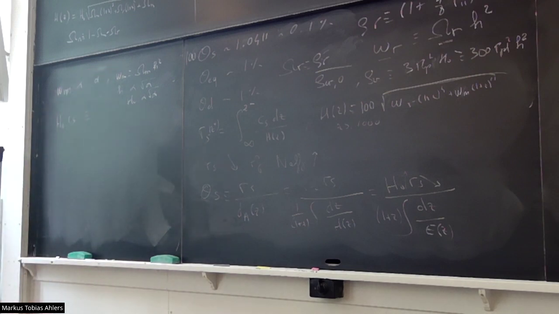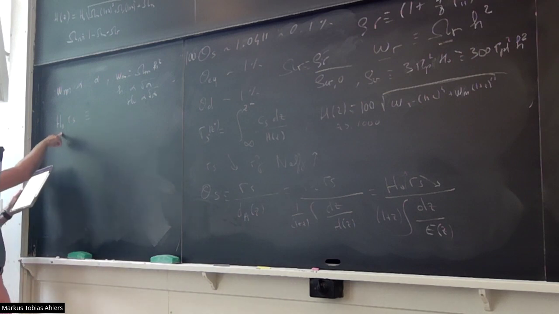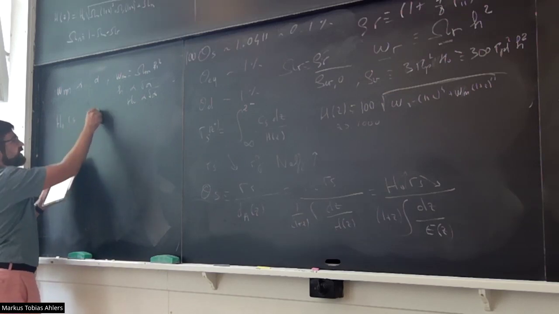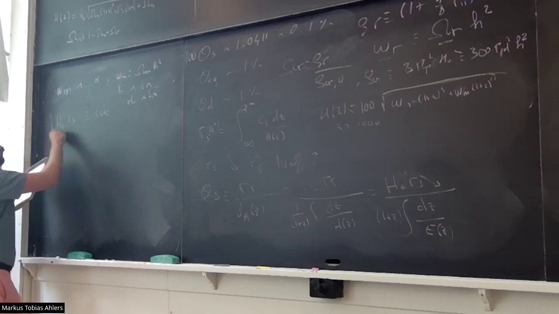Sorry. The bottom line is that I feel like I'm messing up the scaling. I'm sorry, that's the problem of doing things quickly on the board. The bottom line is that by scaling things, this quantity remains constant.